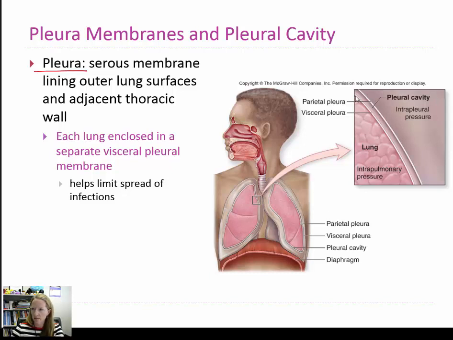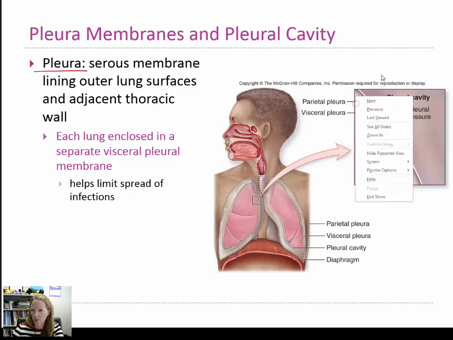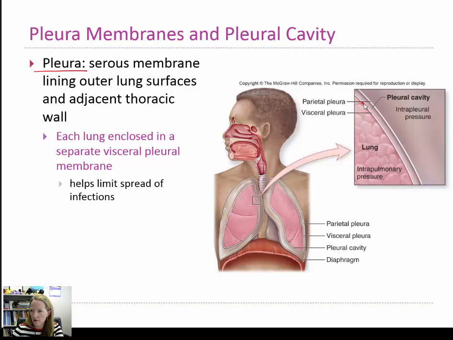You have the one that sits directly on top of the organ, as you can see right here. That one is the visceral pleura that sits right on top of the lung. And then the one that sits on the thoracic wall cavity out here, and also along the diaphragm and parts of the mediastinum, is the parietal pleura.